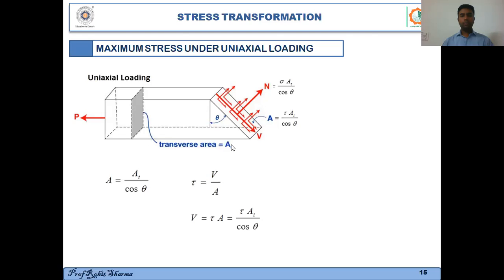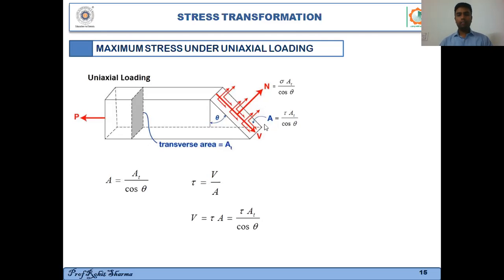Now you put a transverse cut onto this bar and exposed this area, and after exposing this area, you found that there was a normal force and a shear force, right? The normal force is called N and the shear force is called V.